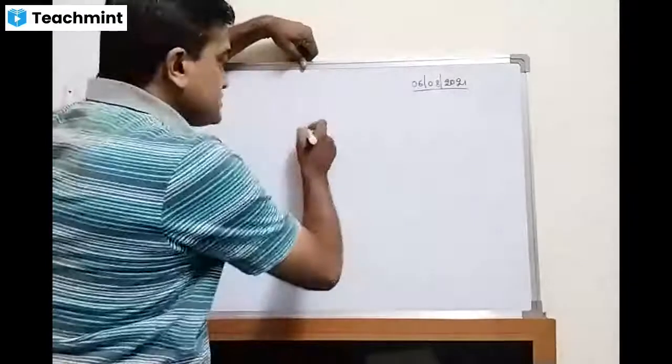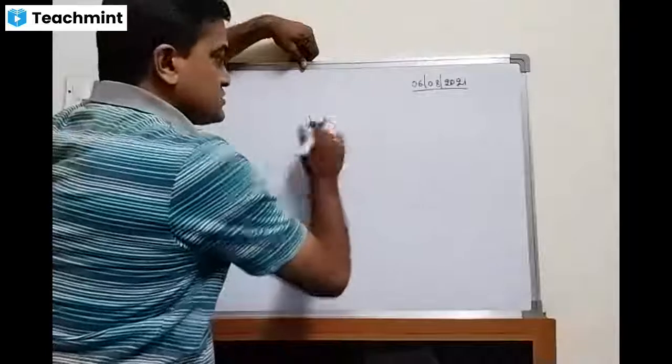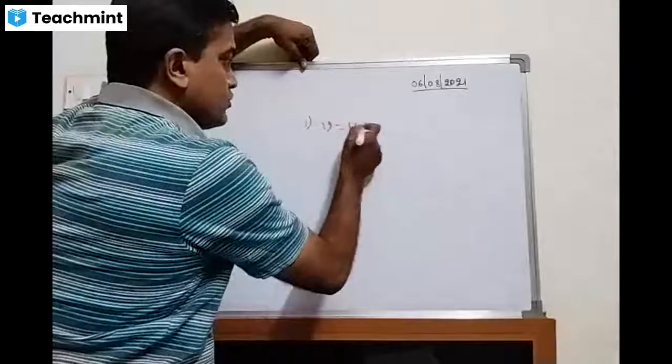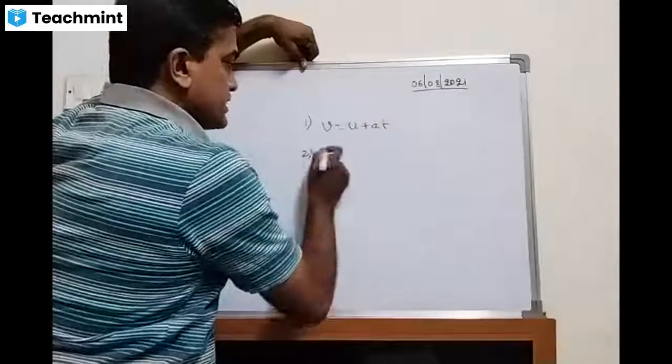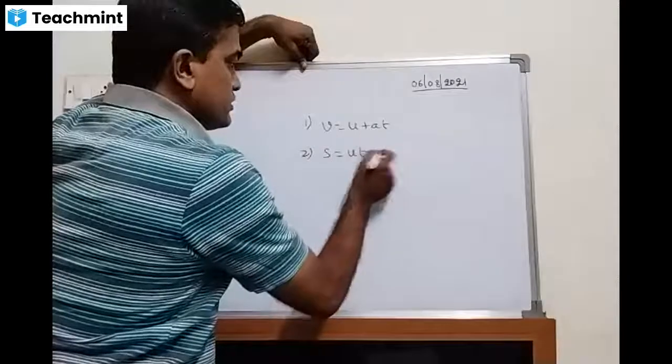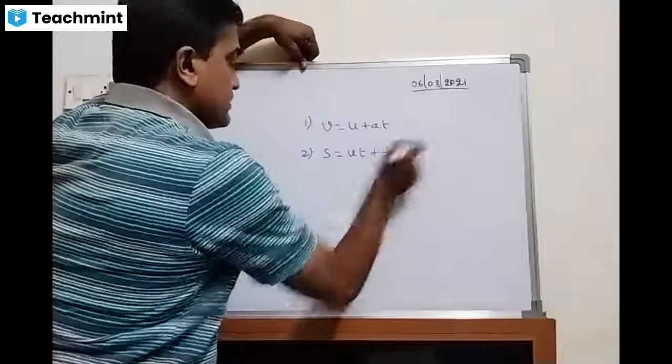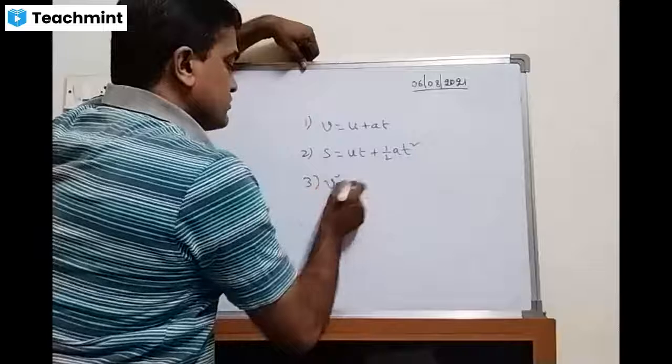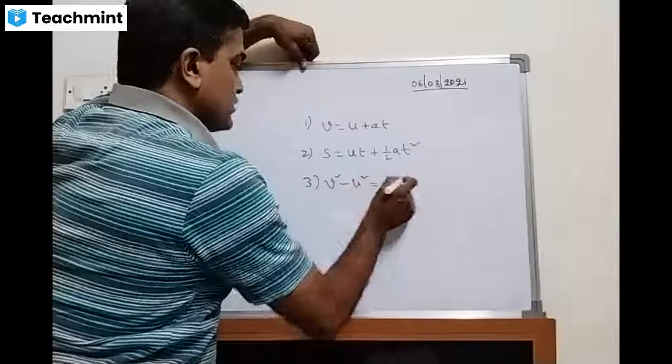The first one is v is equal to u plus at. Second one is s is equal to ut plus half at square. Third one is v square minus u square is equal to 2as.